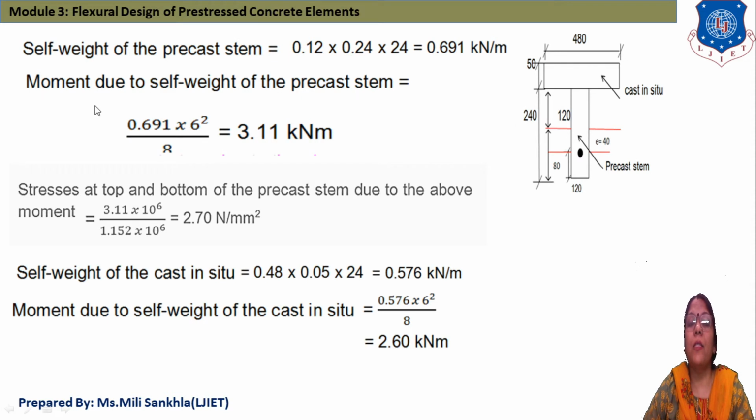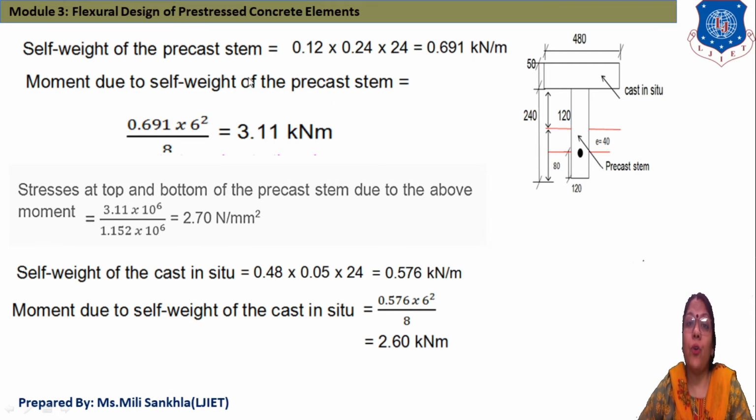Now we discuss self-weight of this precast stem. Self-weight is equal to, converting into meter, 120 mm, that means 0.12 meter, 240 mm, 0.24 meter, and 24 is the density of concrete, and self-weight of this precast stem is 0.691 kilonewton per meter.